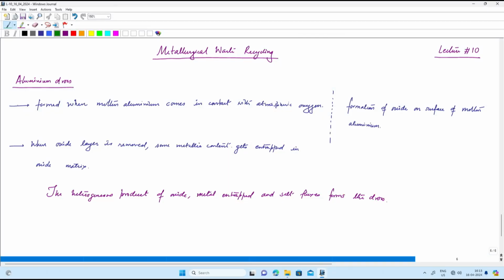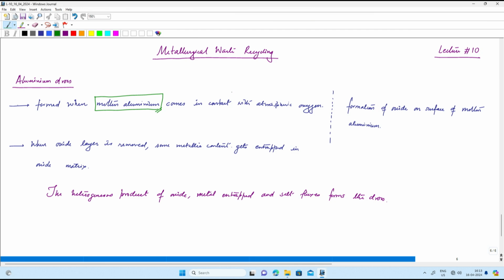Aluminium dross is formed when molten aluminium comes in contact with atmospheric oxygen. The most important requirement of dross formation is the contact of molten aluminium, which means it will either be formed in a smelter unit or in a melting unit, where melting of aluminium and casting are carried out.